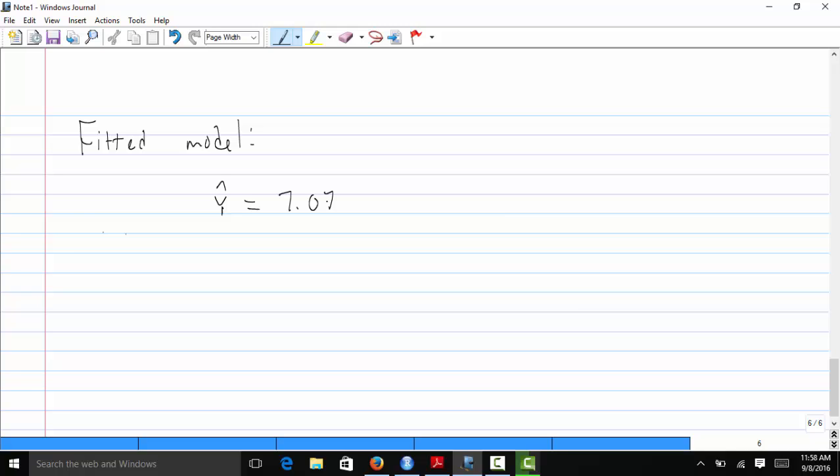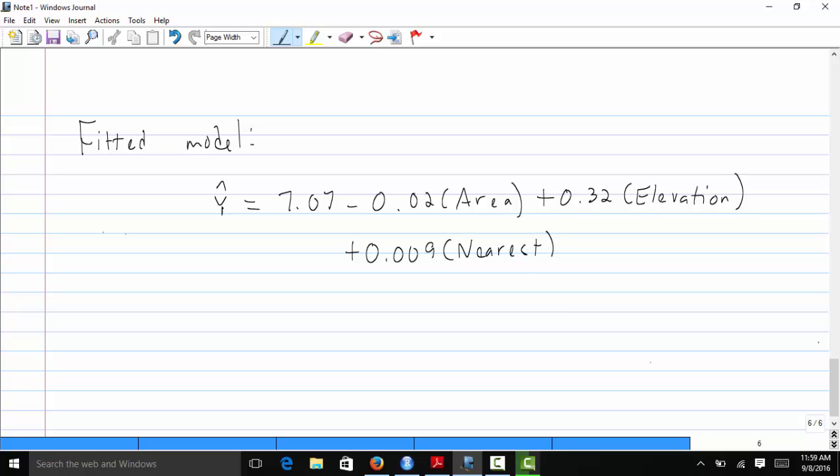So you're going to get minus 0.02 times area plus 0.32 times elevation plus 0.009 times the nearest predictor variable minus 0.24 times Scruz, and then lastly minus 0.075 times the adjacent variable.